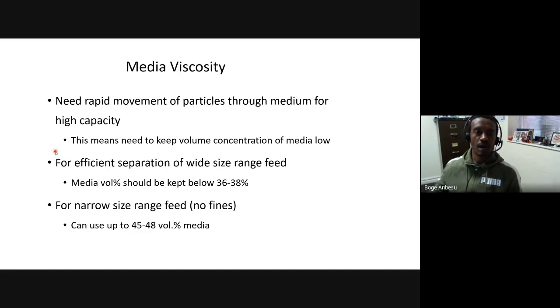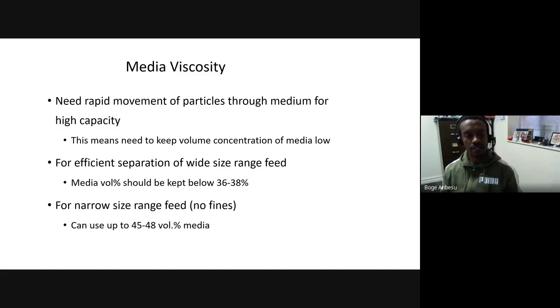Which means you would have issues with efficiency of separation. So as much as possible, you want to maintain freedom for the particles to move inside your separating chamber. And in this case, you have to worry about how viscous the whole media is, because in general, we know high viscosity will significantly reduce performance of a separator.